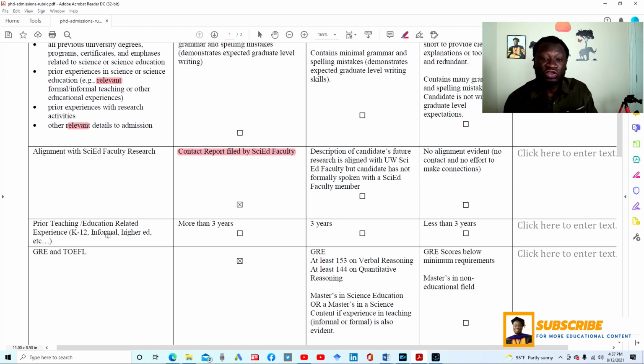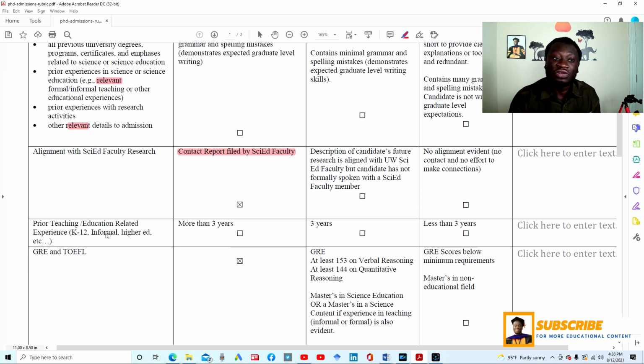For example, I know in some education departments, most of them don't have a lot of money for research, but they usually have a lot of undergrads, so most of the funding will come from teaching assistantships.